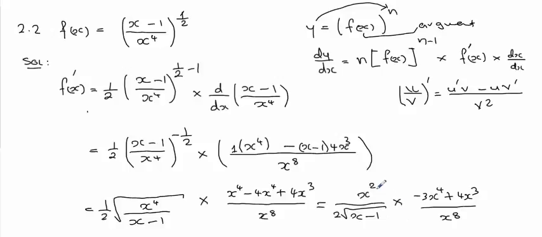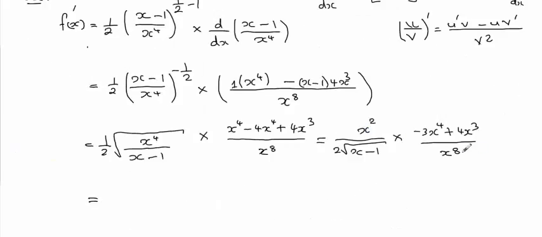Then we can now simplify this term and that. Simplifying that, we subtract 2 from that, we're going to have x to the power 6 here. Then we've got here 1 over 2 square root of (x minus 1).